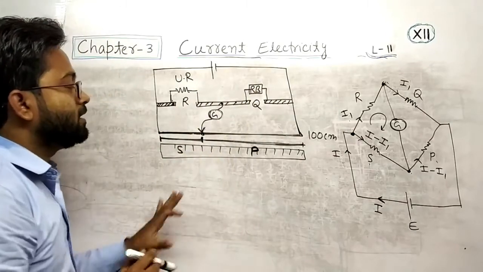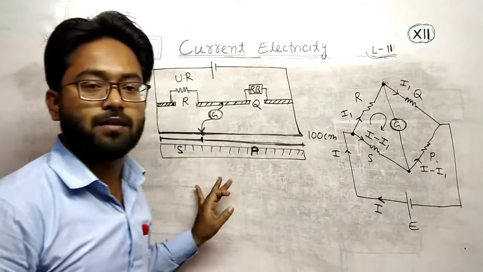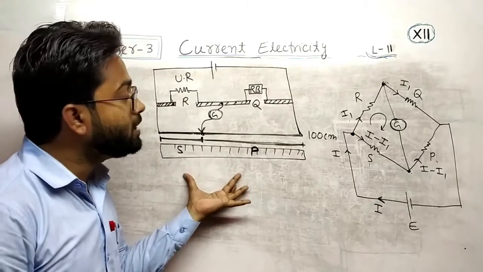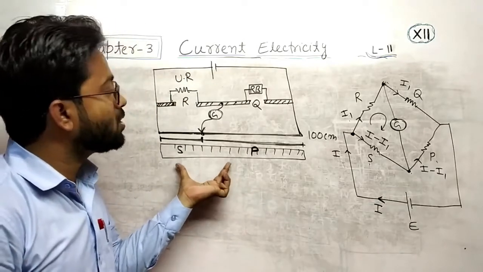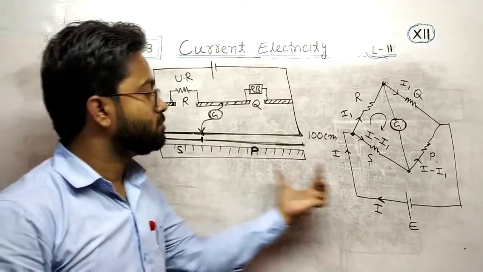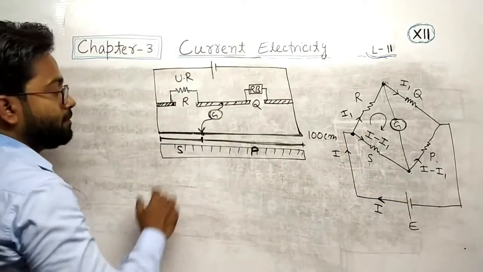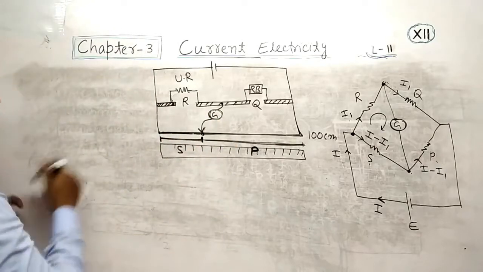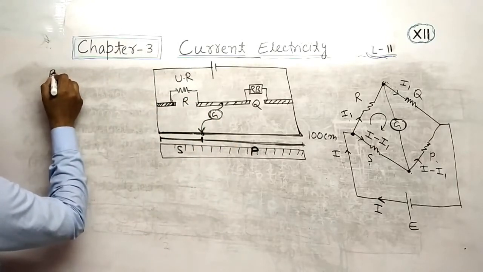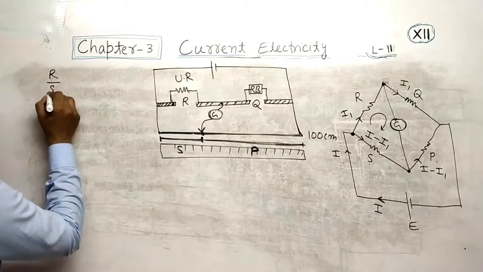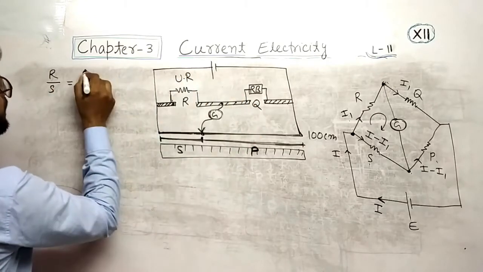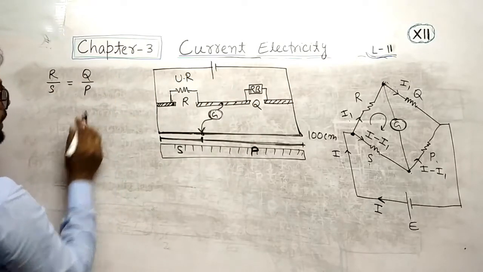We can say that the Wheatstone bridge is balanced. That's why the meter bridge is based on the principle of Wheatstone bridge. Means you can say that R upon S is equal to Q upon P.